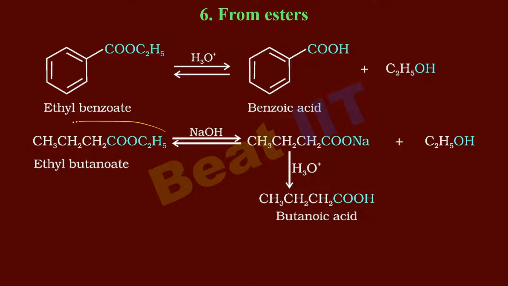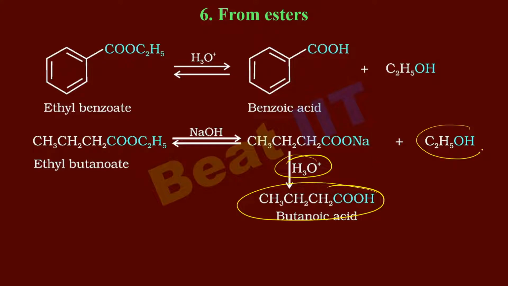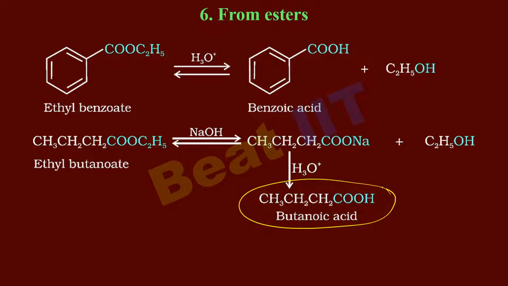But in the case of aliphatic esters, first we use strong base to get the salt of the acid. Then on hydrolysis, that salt of the acid gives you the acid. In the first step itself, you get the alcohol, but the second step gives you the acid. That completes all the preparation methods of carboxylic acids.